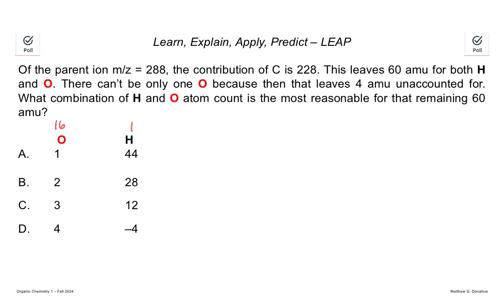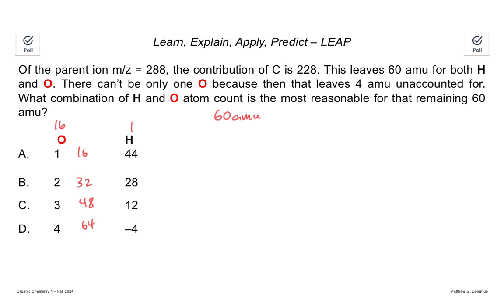So we had this 60 atomic mass units to account for. You take 1 times 16, you get 16, 2 times 16, 32, etc. And then what I'm doing in the hydrogen column is taking 60 minus that number to get the total number of hydrogens.